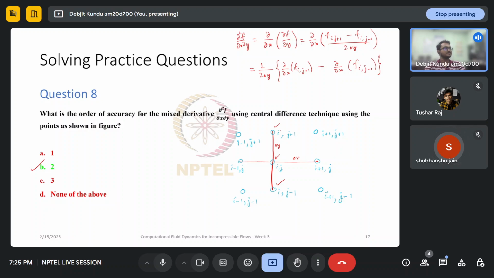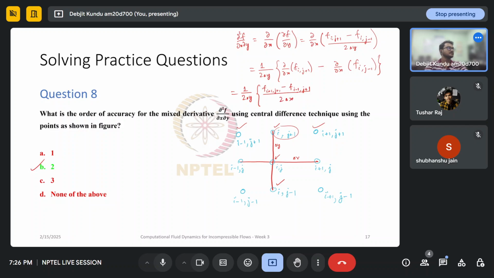For this point, (i, j+1), I'll take this point and this point to find its dou x. So this will simply be f(i+1, j+1) minus f(i-1, j+1) divided by 2 delta x.